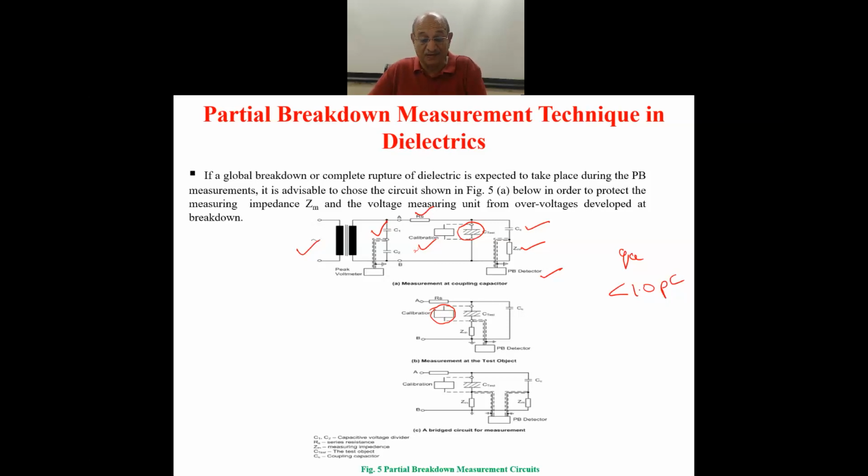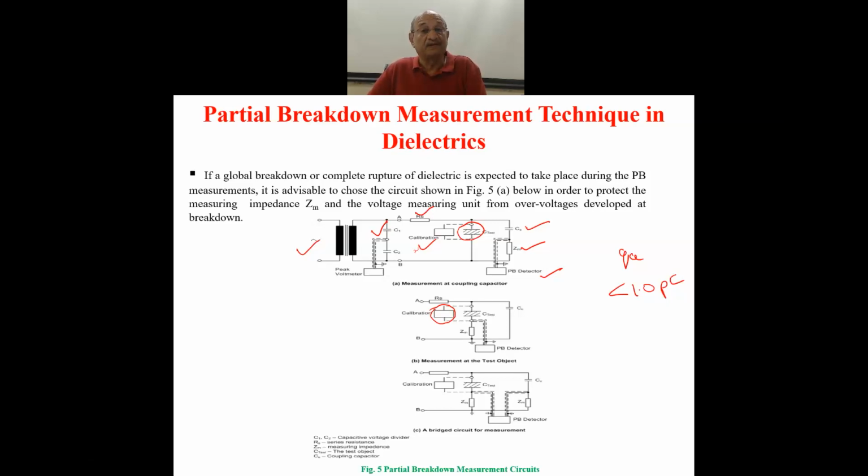Circuit A is chosen in case you anticipate that a breakdown may occur while measuring.